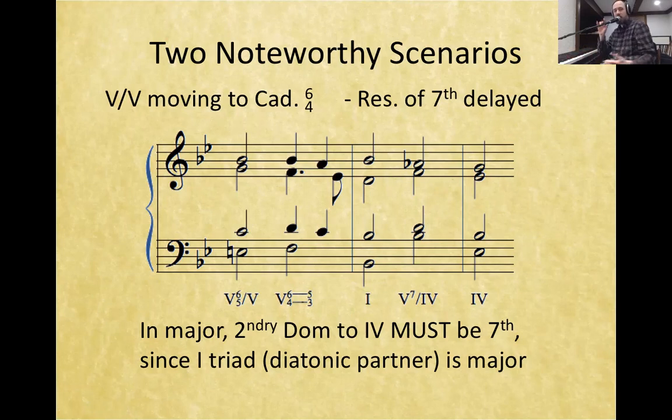It still sounds fine moving to 4. But it doesn't sound like it needs to go to 4. It doesn't have that chromatic leading motion to 4, even though the leading tone, D to E flat, is present.